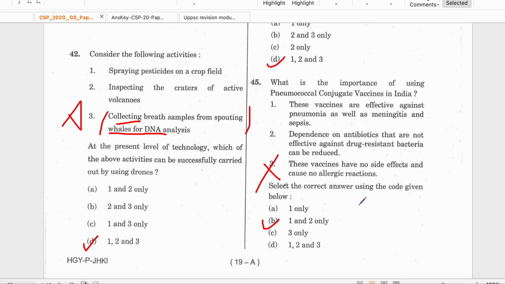Now, first, it can be used for meningitis and sepsis. Possible, one kind of vaccine can be used for other diseases as well. If there is a similarity in symptoms, vector similarity, then it could be used. Antibiotics are used when you catch that particular disease.